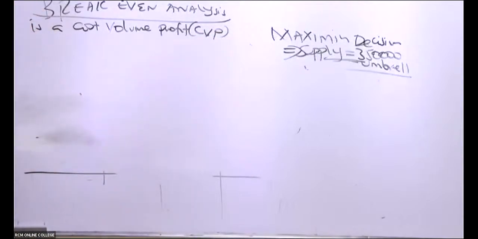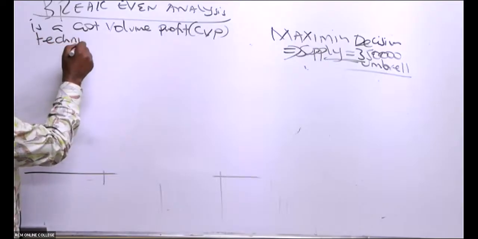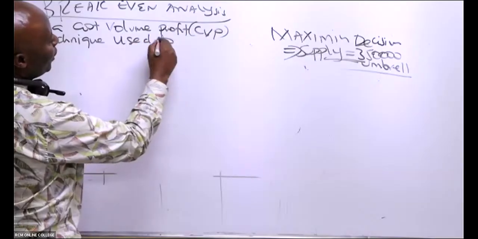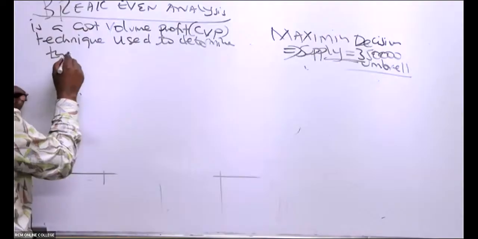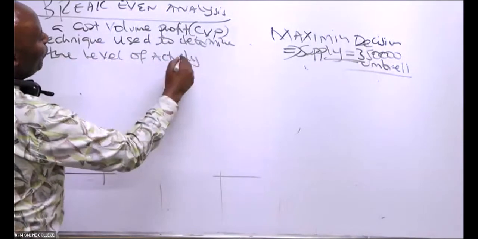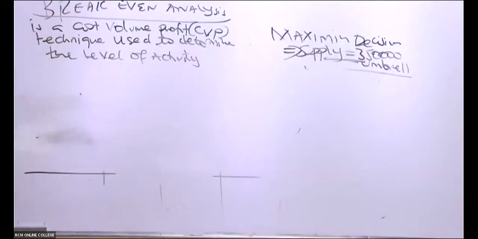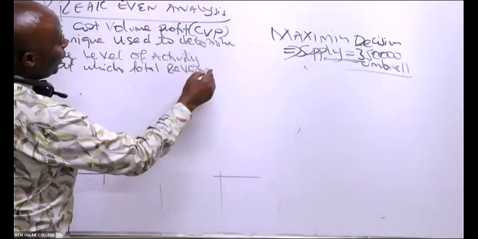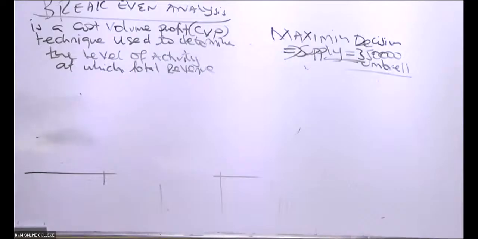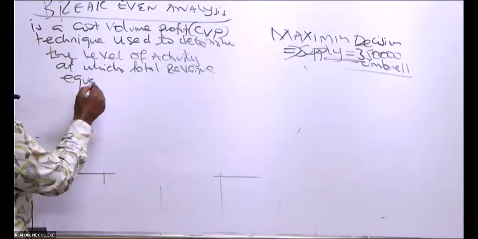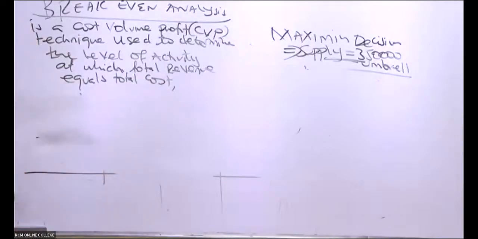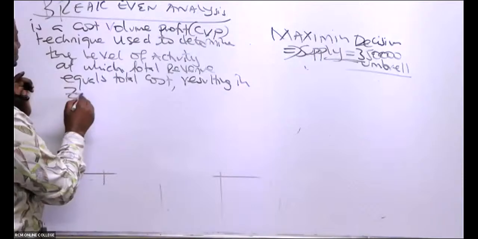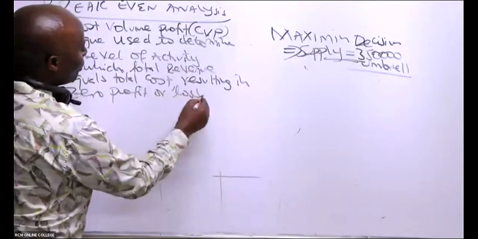CVP is a cost volume profit technique used to determine the level of activity at which total revenue equals total cost, resulting in zero profit or loss.